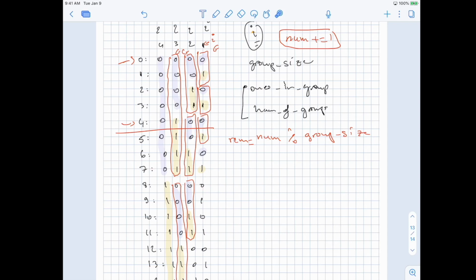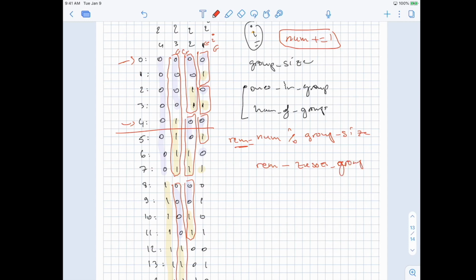Okay, so to find the number of ones for the remainder, what we can do is just take the full remainder here, and we need to subtract just the number of zeros in a group. Why is that?